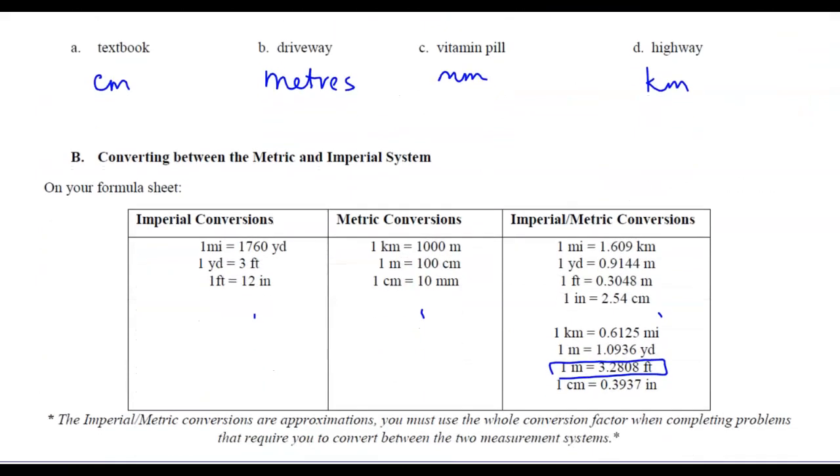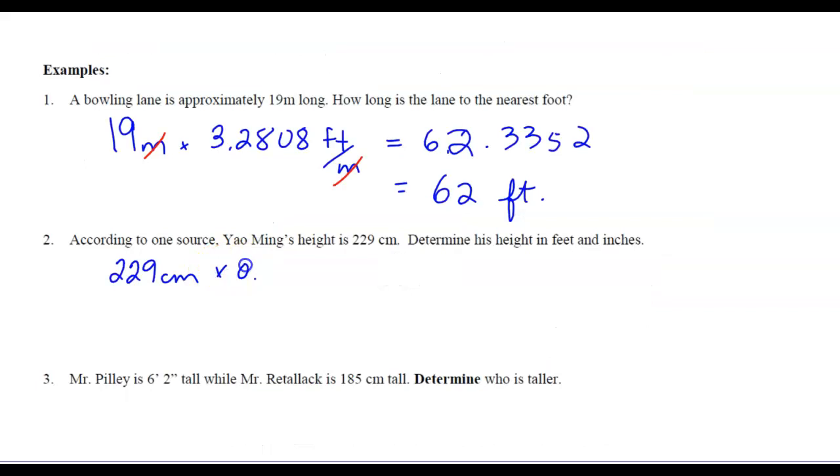Okay, so centimeters here to inches, 0.3937. Okay, there are other ways to do it. You could divide by 2.54, however many centimeters are in an inch, but I just like multiplying.